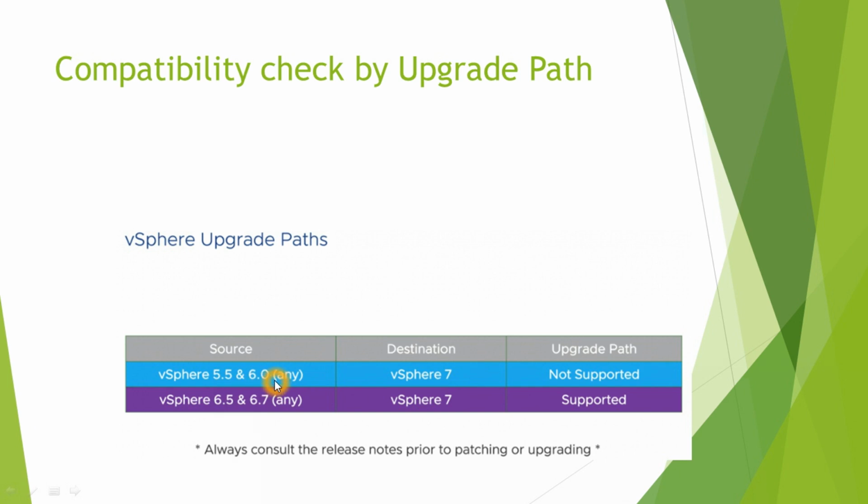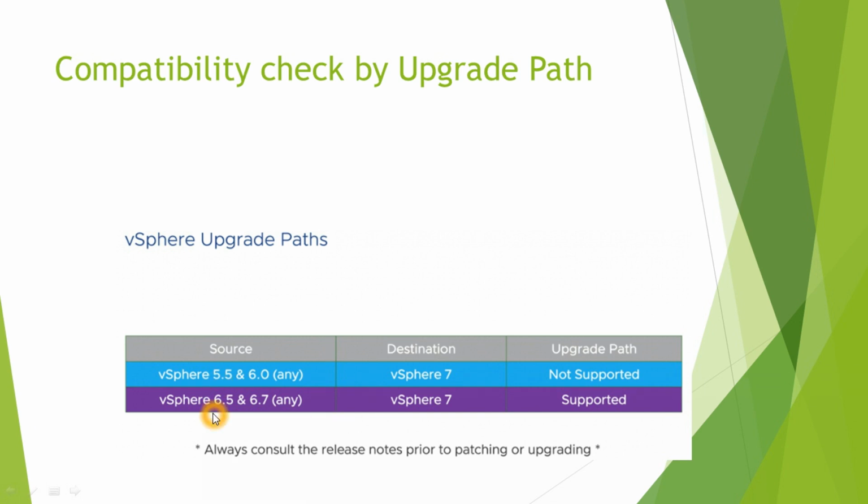And if you're running 6.0 and you want to go to vSphere 7, it is not supported. Bad news, guys. So you need to upgrade this to 6.5 or 6.7 at least. Only then you can jump to vSphere 7. That is why there's no upgrade path. Simple as that. There's no upgrade path from 5.5 and 6.0 to vCenter 7.